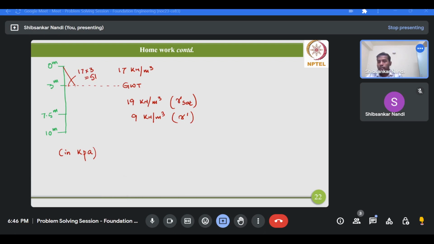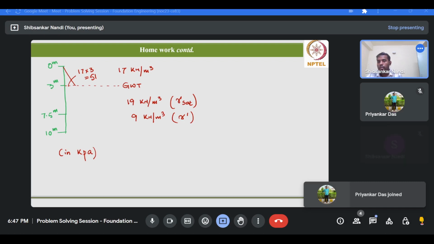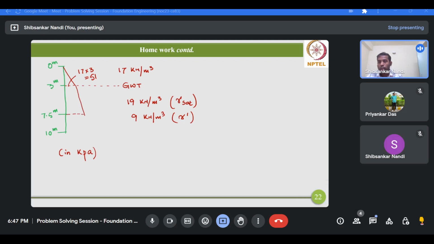And then from 3 meter, the groundwater table location, up to the critical length, the value would be 51 plus 9 multiplied by 7.5 minus 3.